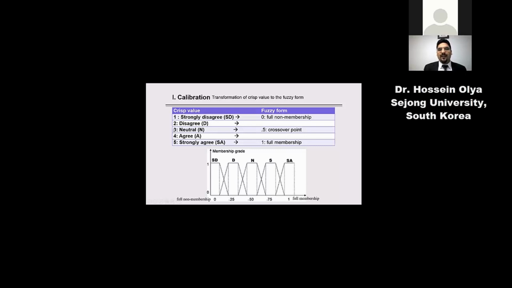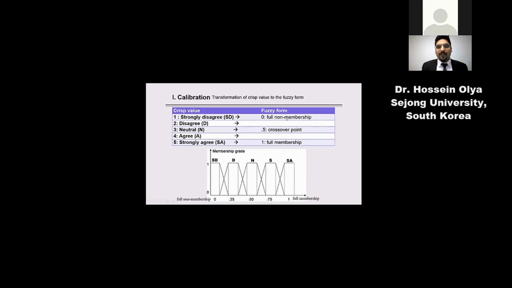We call them crisp values. When we change the type of the raw value to the fuzzy form, which is totally different from the crisp value, I will explain how. We call this transformation of the type of the value a calibration. Actually, we're calibrating our value. We're changing the type of our value from crisp value to fuzzy form.